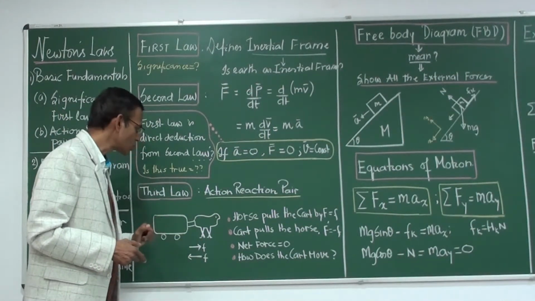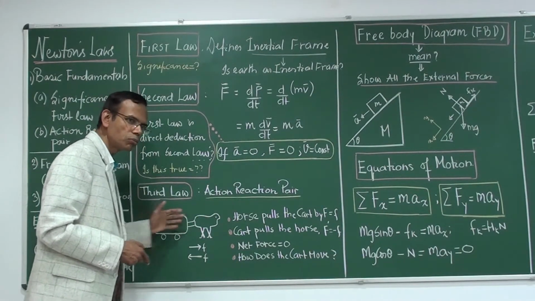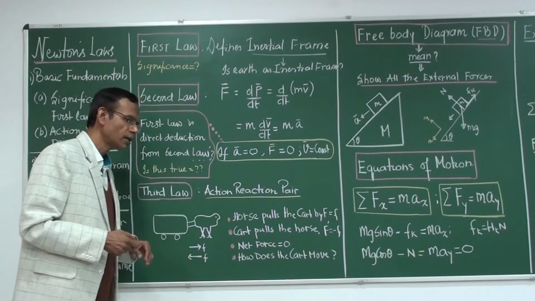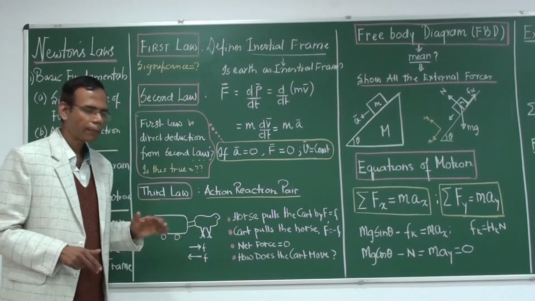If the net force is 0, then how does the horse move the cart? So that is a question. Often this is asked. I hope all of you know this answer.